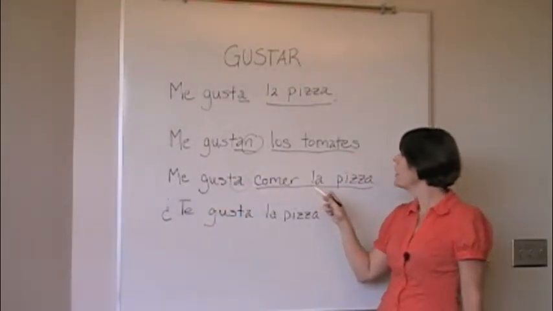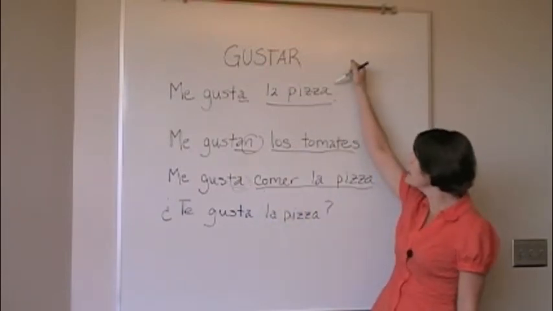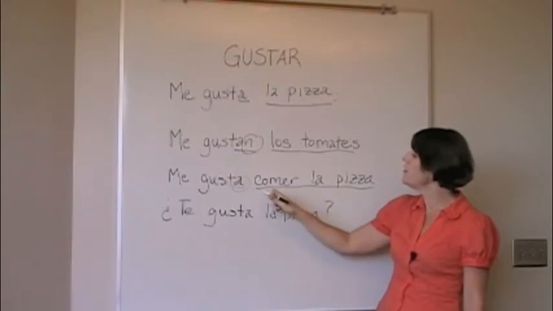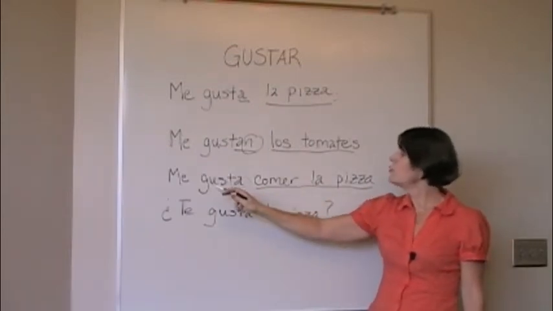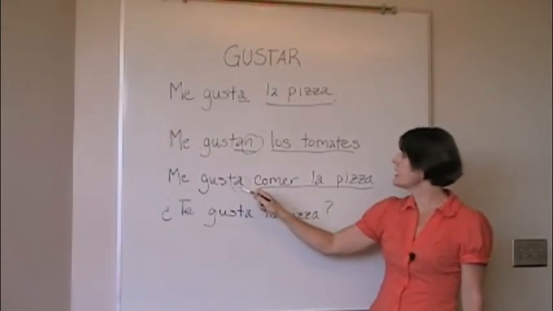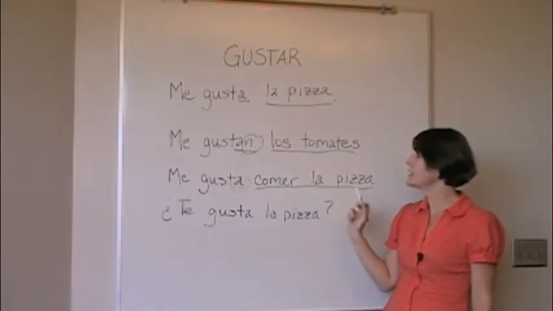Me gusta comer la pizza. Always in the third person singular, just like if it's a singular noun, okay? When there's an infinitive, a verb that ends in R, after gusta, it's always third person singular, and then the infinitival form, comer la pizza.